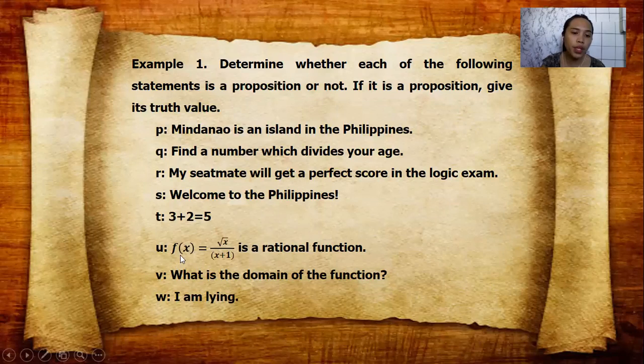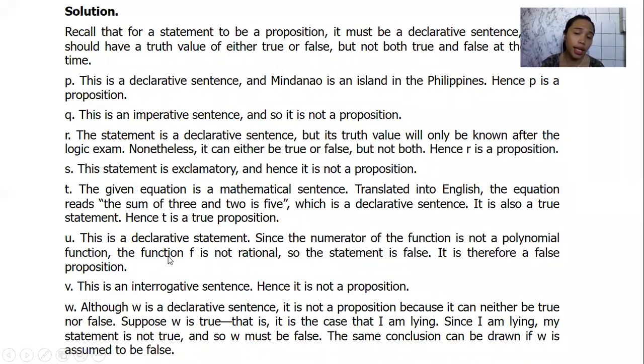Okay? Let's have another. U is the proposition f of x is equal to square root of x over x plus 1 is a rational function. Okay. So still, it is a declarative sentence because it is declaring something, no? Since it is a declarative sentence or statement, therefore it is a proposition.